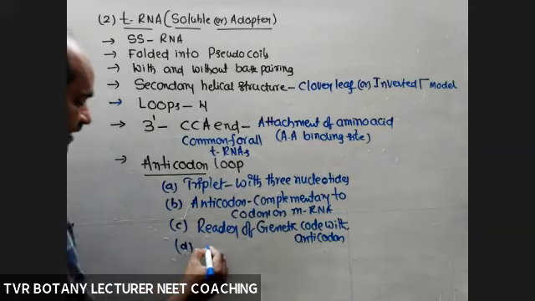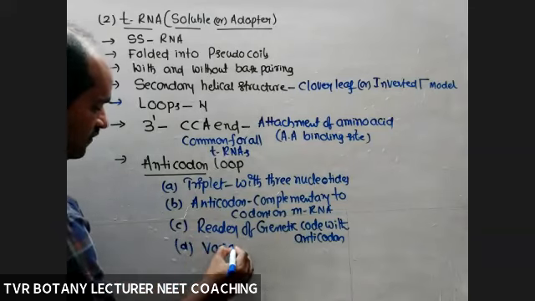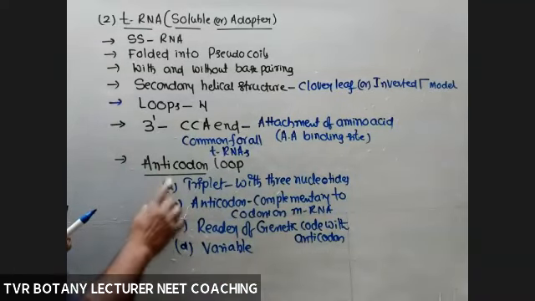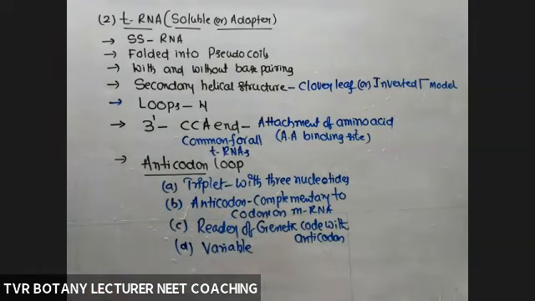Variable means not fixed. CCA end is common. Anticodon is not common for all tRNA molecules. It depends on the type of amino acid to be transported.